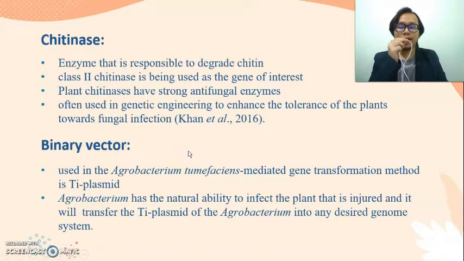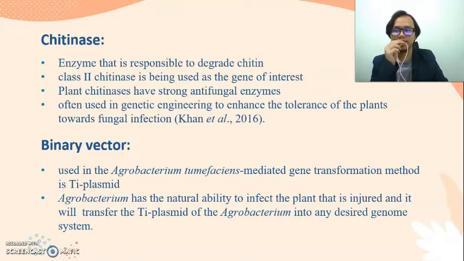Chitinase. Chitinase is an enzyme that is responsible for degrading chitin. Class 2 chitinase is being used as the gene of interest. Plant chitinases are strong antifungal enzymes, which are often used in genetic engineering to enhance the tolerance of plants towards fungal infection.